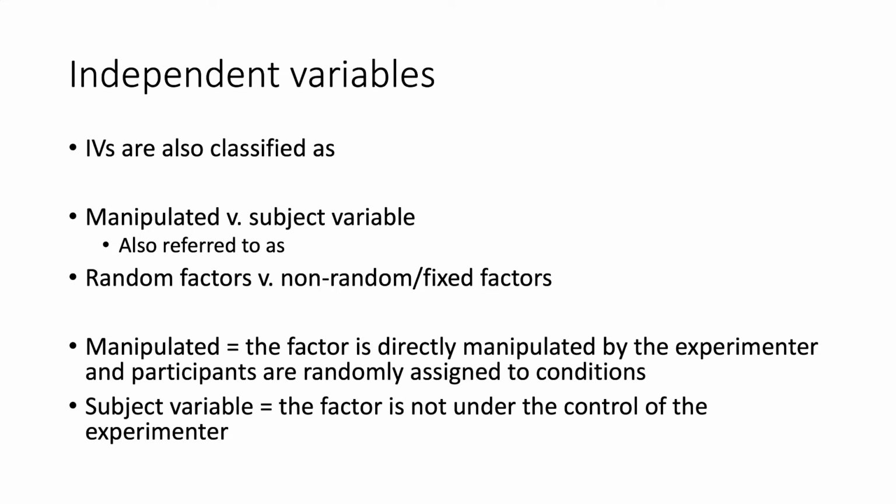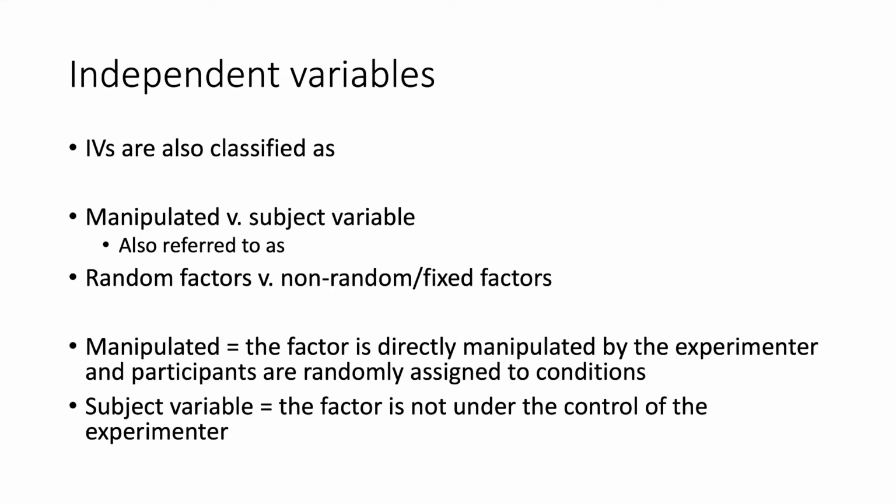So if you imagine an independent variable of alcohol dose, how do people end up in the control, low dose and high dose group? Well, the experimenter, as people volunteer for the study, will have some method of randomly assigning them to one of those conditions.